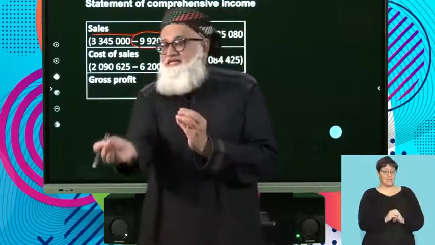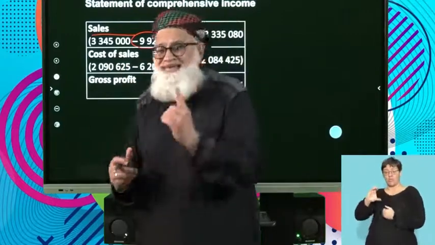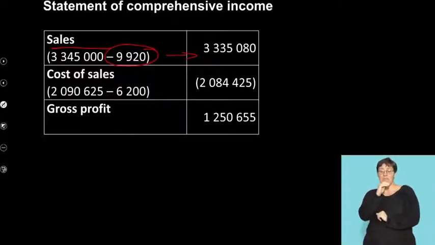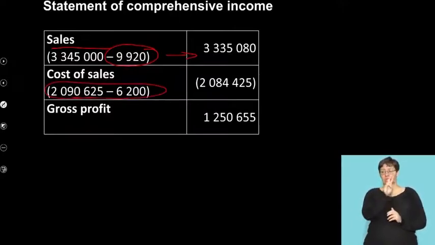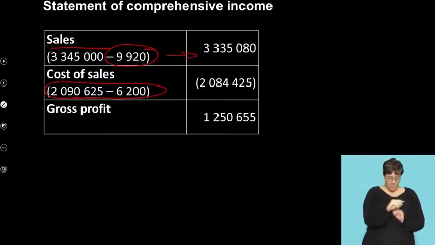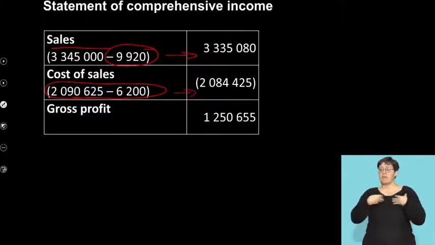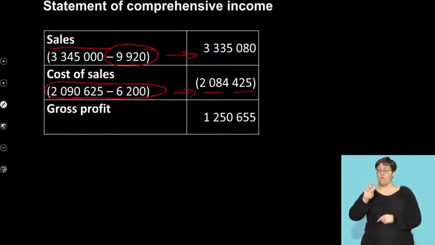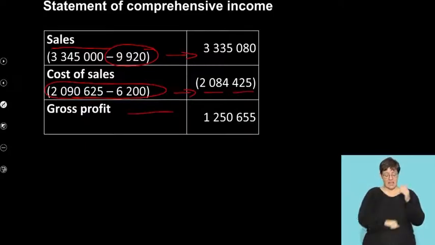I'm crediting my cost of sales, meaning I'm subtracting from my cost of sales. There we go. So 2,090,625, from where? From my given information, and obviously minus the cost price of the goods that were returned, to give me 2,084,425. Sales less my cost of sales will give me my gross profit of 1,250,655.